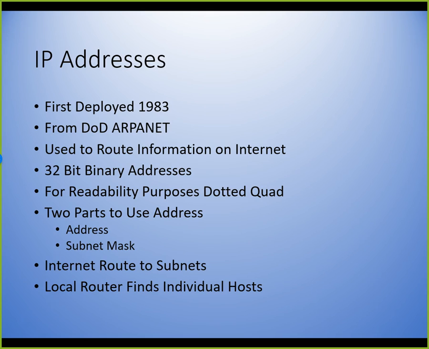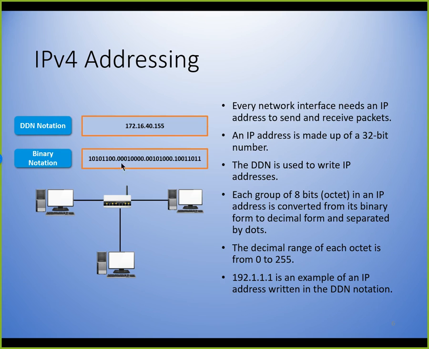So we're going to have two parts of that. The routers route to networks. And then we're going to have a different protocol that we're going to look at in order to find the individual device. And the individual device is going to be identified, as we talked about last night, by its MAC address, its media access control address, the one that is going to be unique to it.